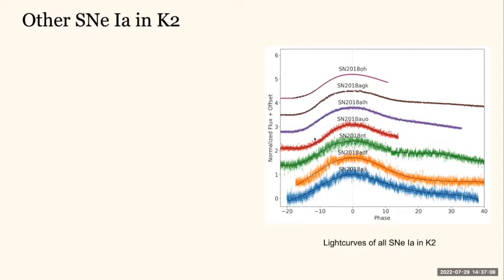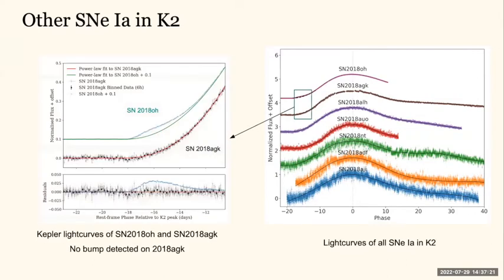But one question that comes up is whether the noise is too high for the bump to be seen. So I looked into the case of 2018agk, which is the second brightest one. If you zoom in and do a power law fit, you can clearly see that given the noise level, 2018agk seems to follow a perfect power law rise without any hint of a bump.